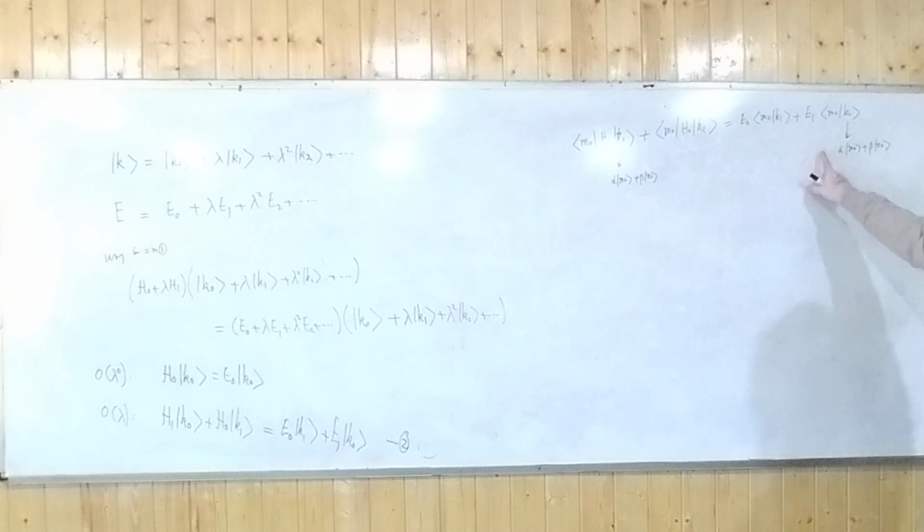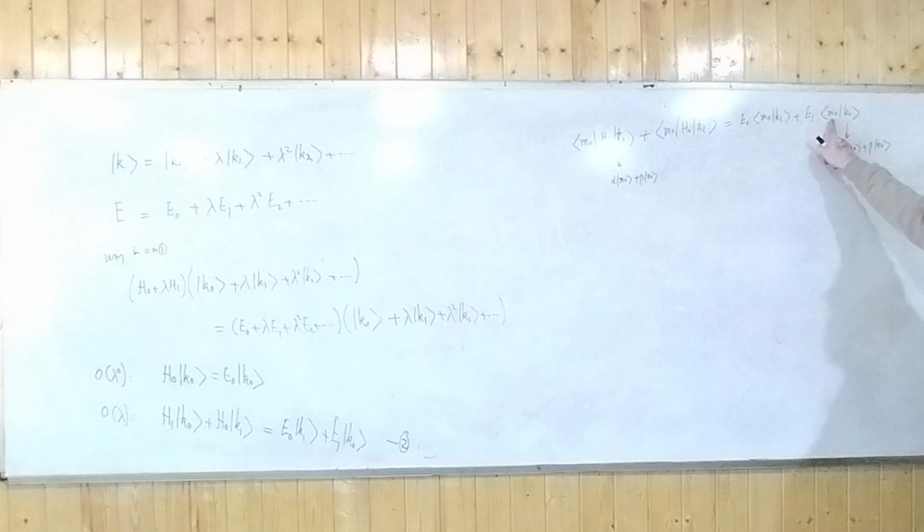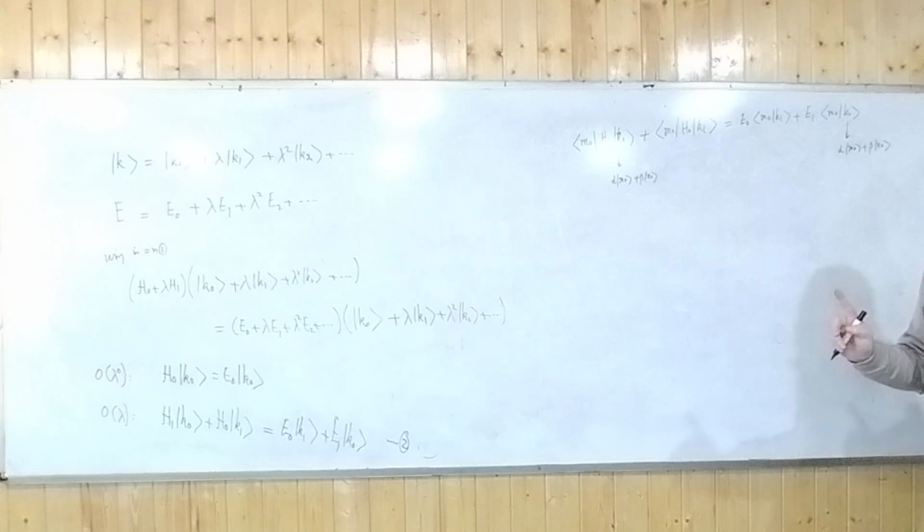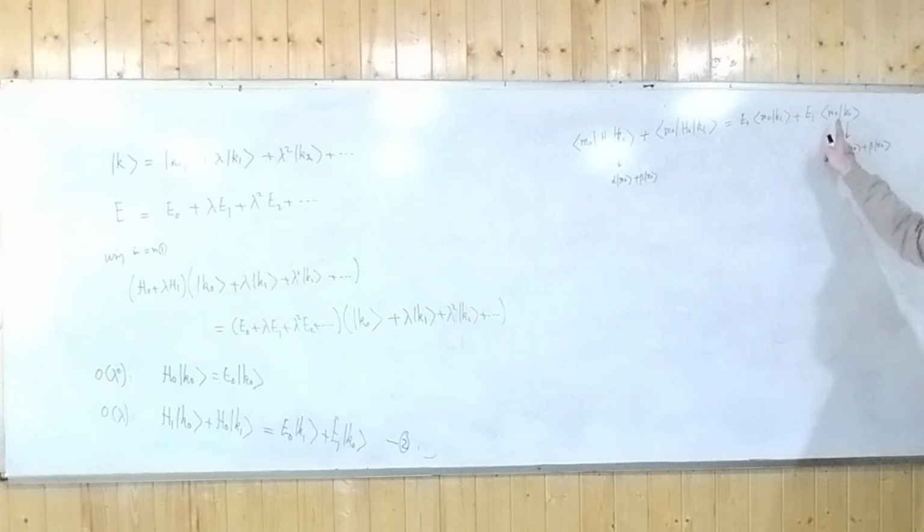Now let's look at this very term. You are having m0 overlap with m0. Both the m and n state vectors are normalized vectors. So the overlap of m0 with m0 is 1, and the overlap of m0 with n0 is 0, because we have considered them to be orthogonal states. Clear? So this very term will give you simply E1 alpha.